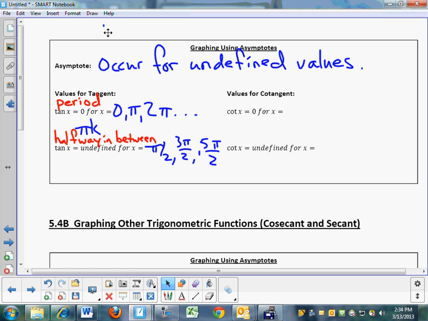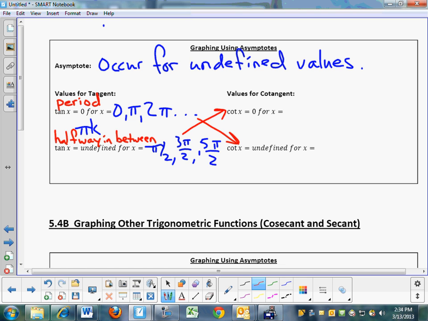So think about this. We're wondering where tangent is equal to 0. What's the reciprocal of 0? Undefined. So this stuff goes to where cotangent is undefined. What's the reciprocal of undefined? 0.